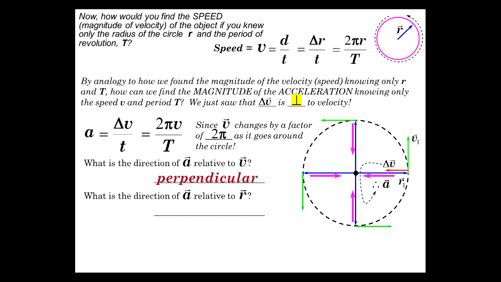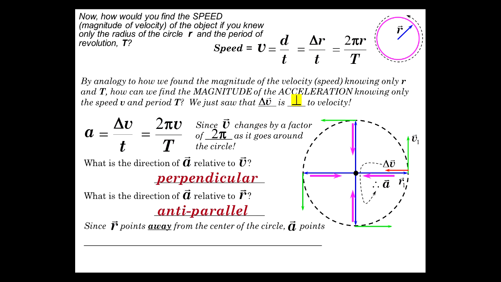What's the direction of a relative to r? What is a doing compared to the radius vector? Well, you could say they're collinear. Don't say they're parallel, because they're going in opposite directions, or anti-parallel. There we go, anti-parallel. And now since r points away from the center of the circle, what is the direction that a points?